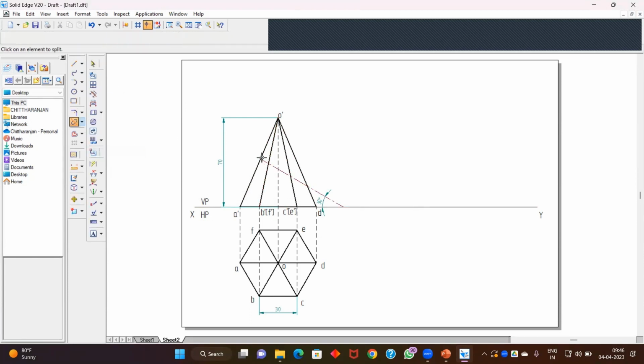And now split the lines, this line and here, and this line.